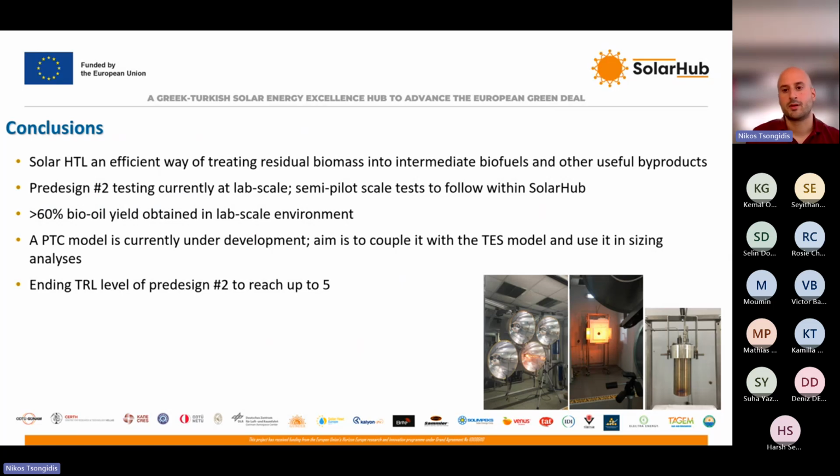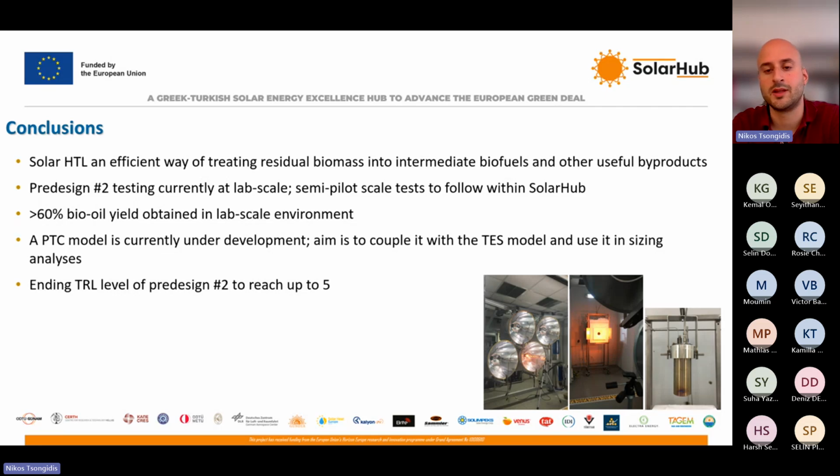This can be further upgraded into a biofuel, which is an end product, let's say, but it can also be tested and used in some applications, like marine, and other applications that do not demand a really sophisticated biofuel.